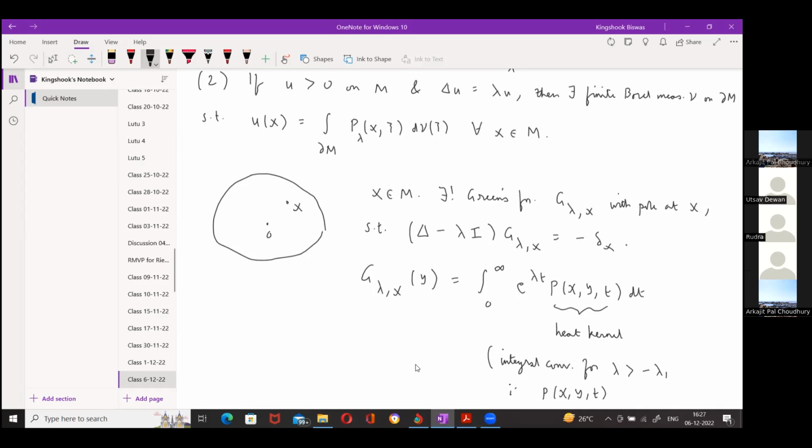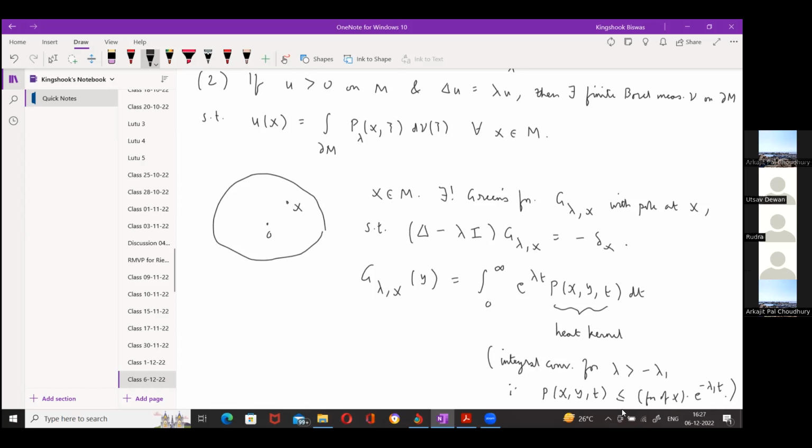It's less than some function of x, and then there's an e to the minus lambda 1 t factor here, which you don't see in R^n. You only see this extra exponential in negatively curved spaces, when there's negative curvature.